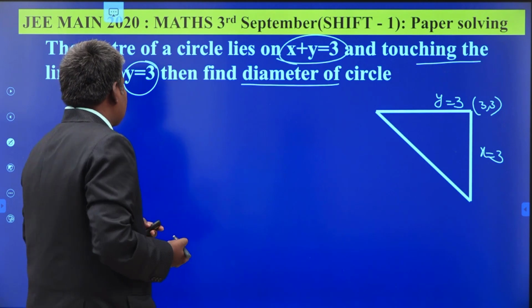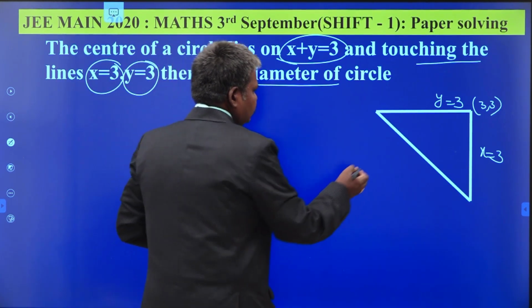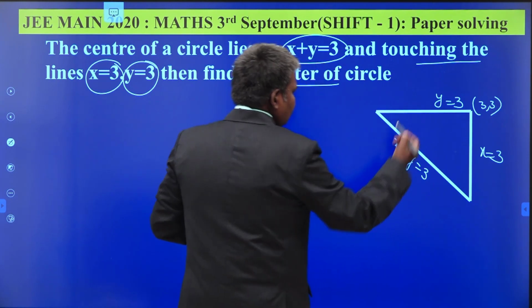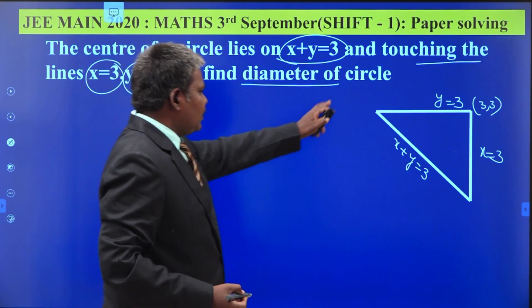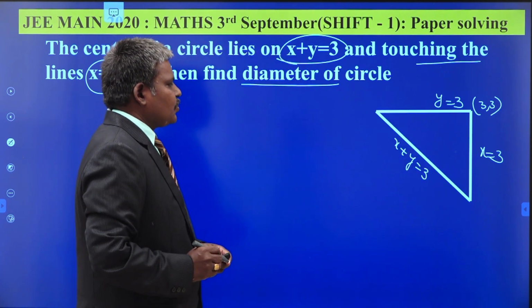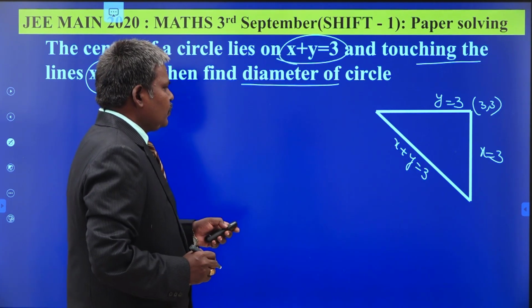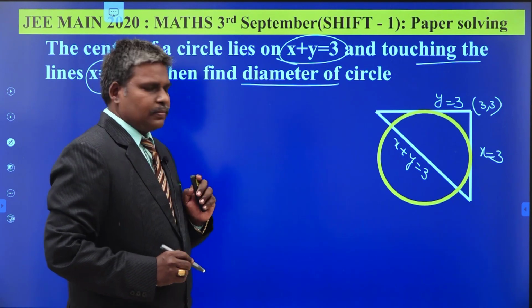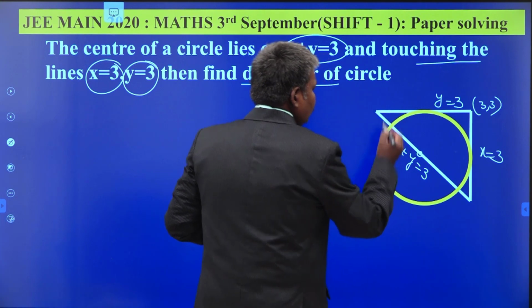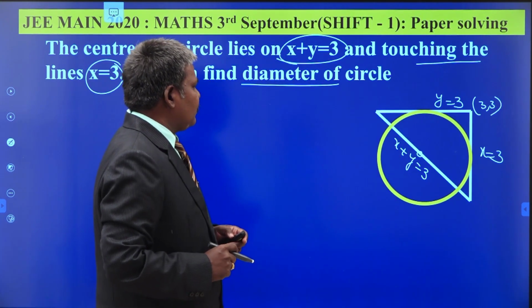This is the line x plus y is equal to 3. Your circle center lies on this line and it touches these two lines x equal to 3 and y equal to 3. So the circle may be in this manner. This is the center of the circle. Okay. You may take this one as the center of the circle.